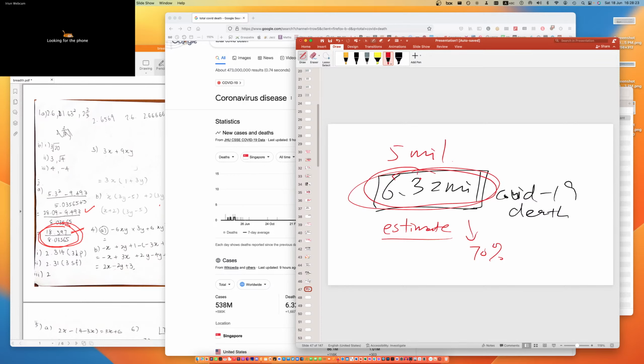So therefore, especially these days, when you grow older and you start to do calculation, you might not care so much about the accuracy, but you want to know the range. Range means like 6 million. So that's the reason why you want to learn estimate.